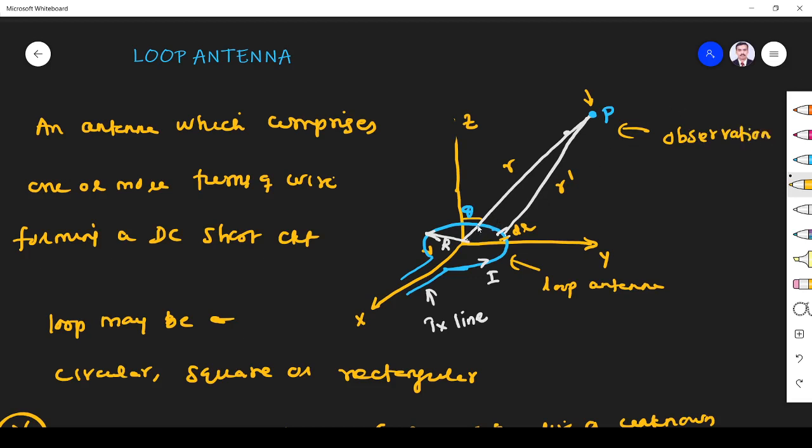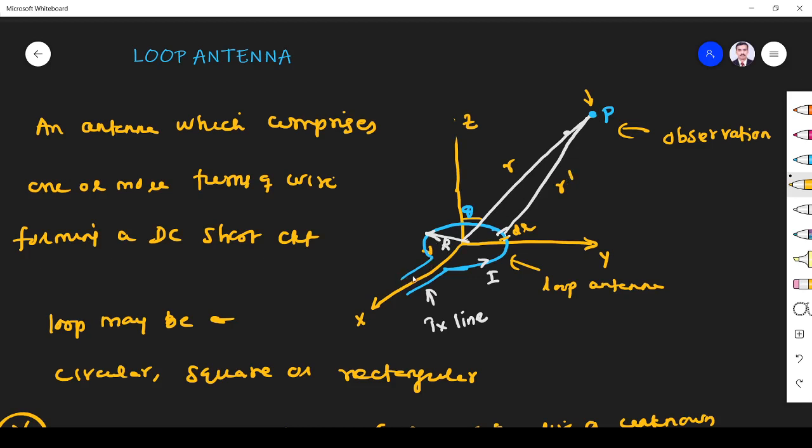The distance from the origin of the loop antenna to the observation point is small r. R dash is the distance from the small element of the loop to the observation point. So the total loop is divided into small elements dl1, dl2 like that, and the distance from that element to the observation point is r dash.